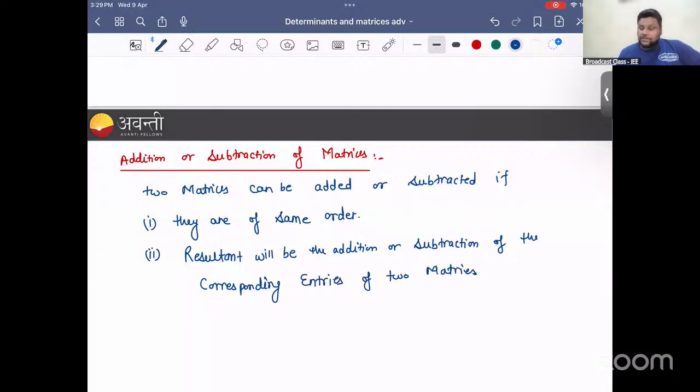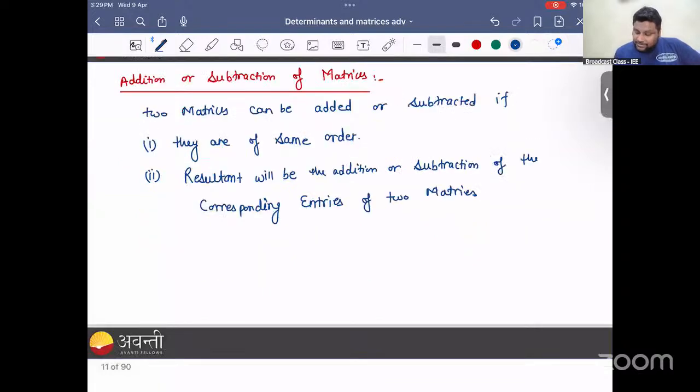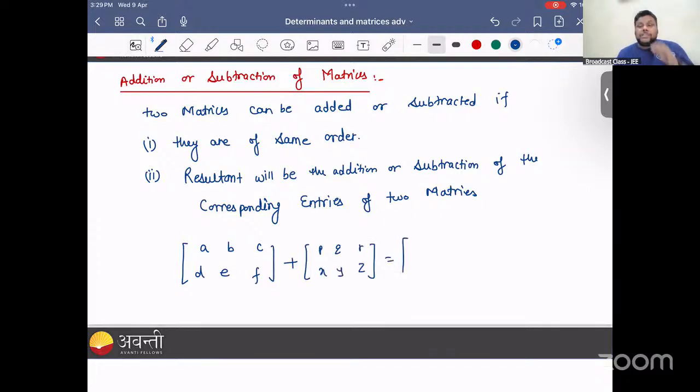Am I clear? Like if there is a matrix A, B, C, D, E, F, and you want to add it to P, Q, R, X, Y, Z. First of all, you will check, are they of the same order? Yes.